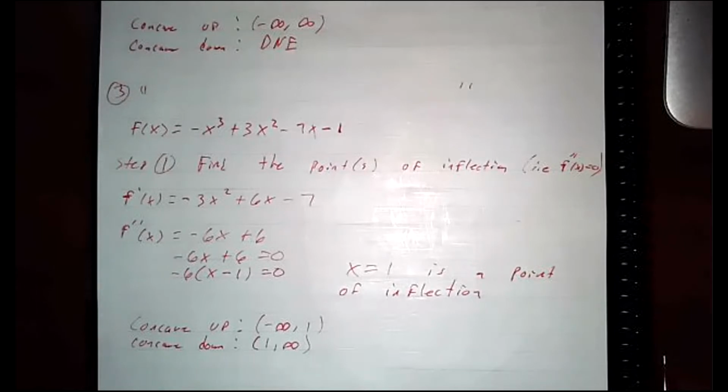So 1, 2, 3, 4, 5, 6, 7, 8, 9 are all asking about concavity. Let's see, where do they get interesting? I think 9 gets very, very interesting. Inflection.